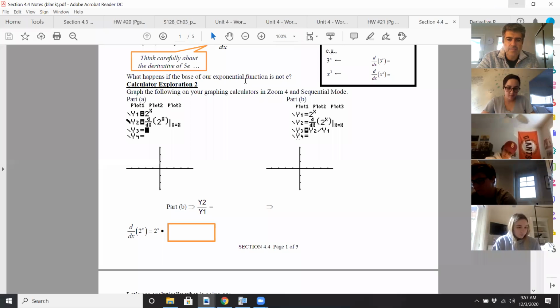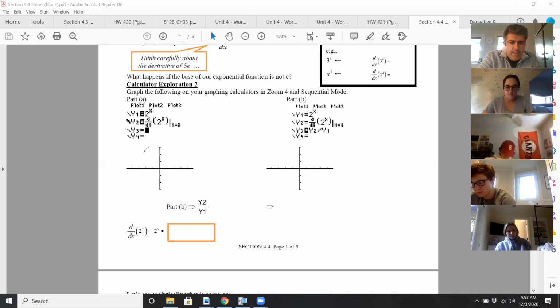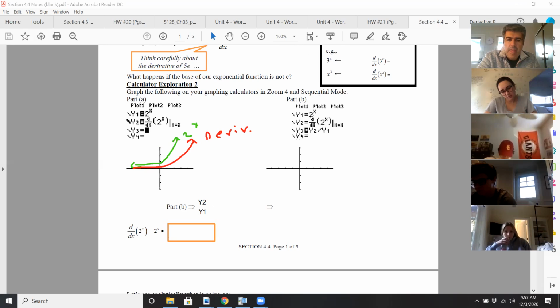So in this case, again, we had this as 2 to the x, the derivative. Okay, let me be consistent. I think I did green originally. Okay, a little better there. That's 2 to the x. That's the derivative. And when I graphed this, it was just a horizontal line.